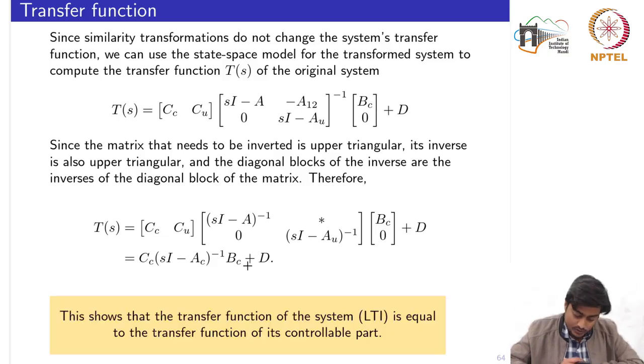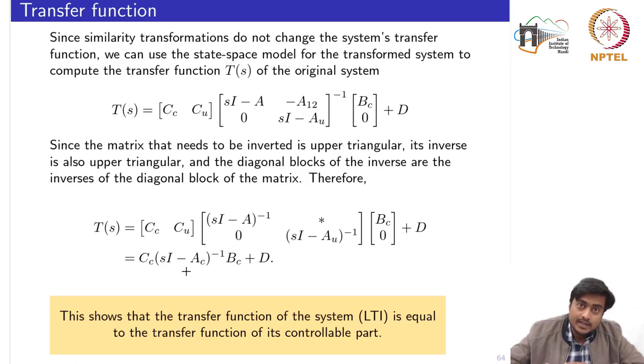You can also use this property that under any similarity transformation, the transfer function does not change. Once we have the explicit representation of the controllable and uncontrollable parts, we know that the transfer function is basically the representation only of the controllable part of the system.